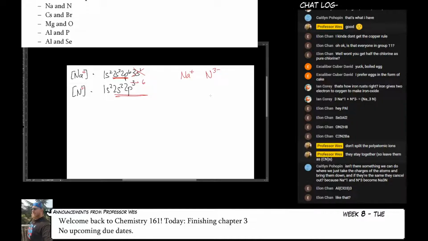Those are my 2 ions. How many do I need to balance out the charge? Well, this is currently what I have. I need more of the positive, so we'll go like this. Those balance out. My formula must be Na3N.